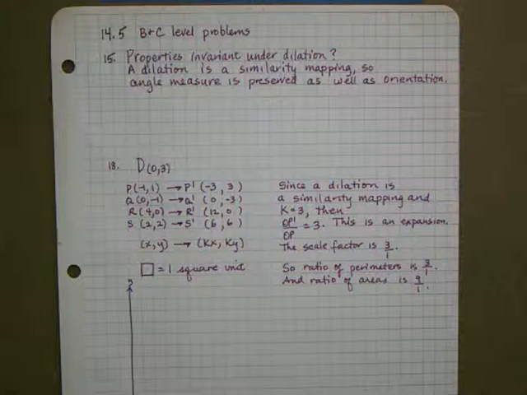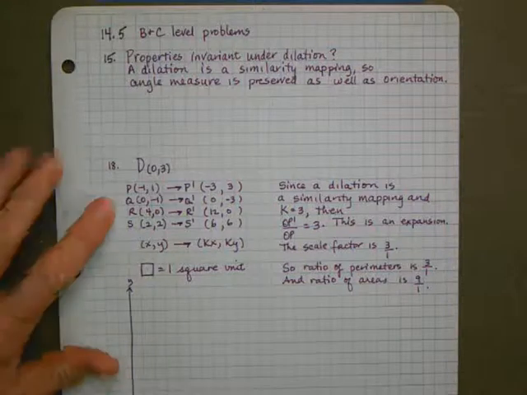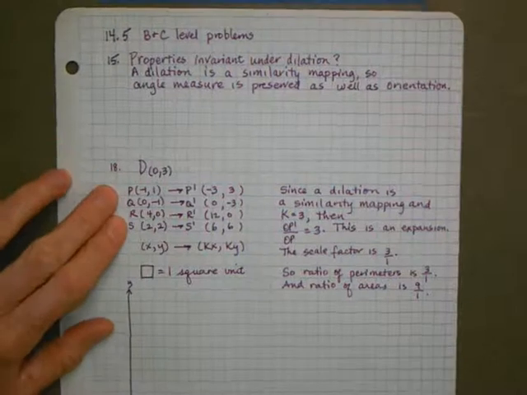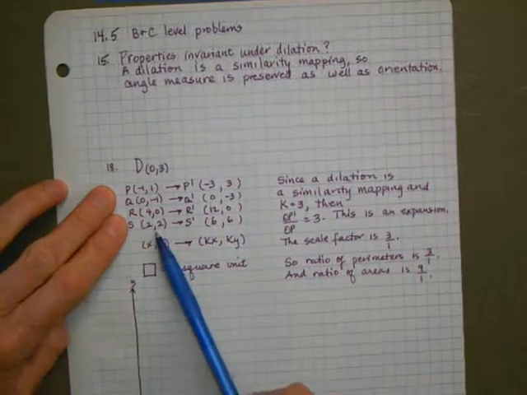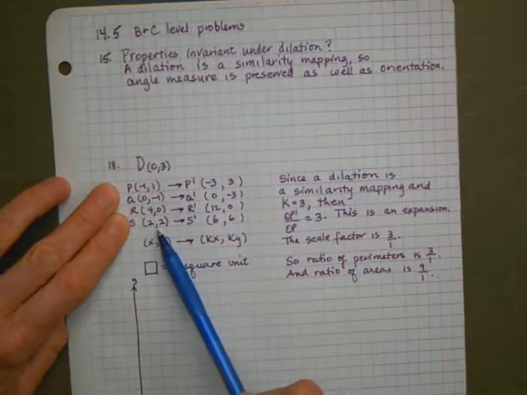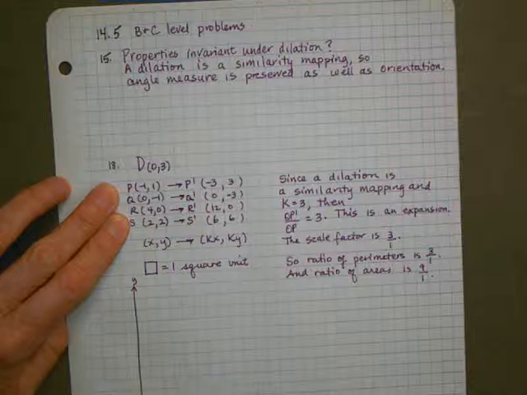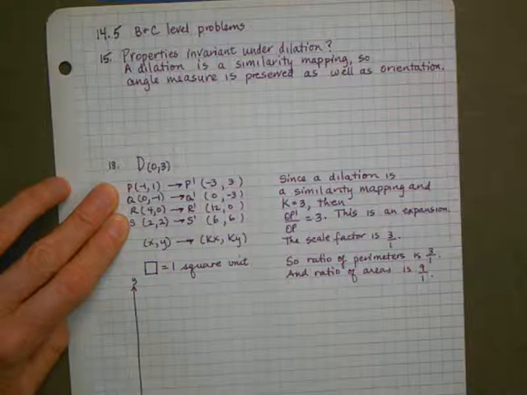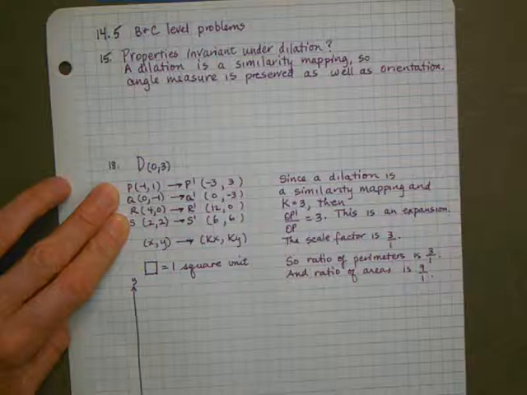Moving on to problem 18, the directions are that you have to graph quadrilateral PQRS, and so here are the coordinates of the points PQRS, and when I graph them, there it is. This is the pre-image. Then I have to apply a dilation and graph its image.